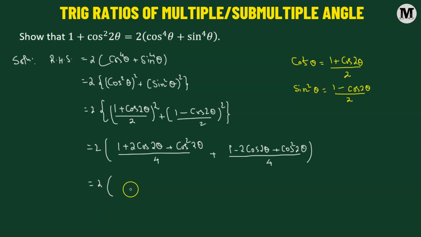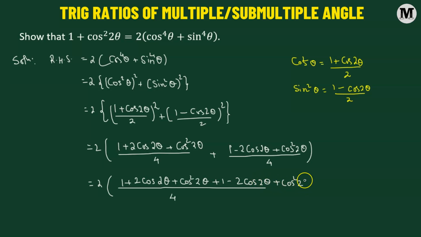So let's combine the two terms within the parentheses. We are going to have a common denominator of 4. In the numerator, we have 1 plus 2 times cosine of 2 theta plus cosine squared 2 theta added to 1 minus 2 times cosine of angle 2 theta plus cosine squared 2 theta.